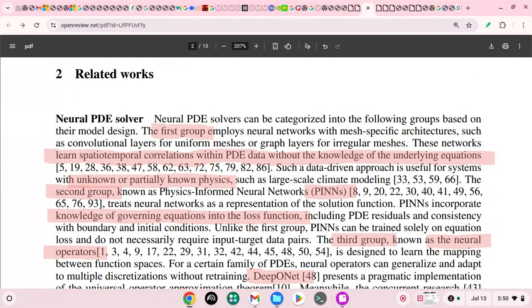Related work: neural-based PDE solvers, that is, surrogate models, are categorized into three groups. First is the purely data-driven model, where we have training data and try to build an input-output model using only a standardized neural network architecture. The second one is where we embed some physics inside the loss functions, which guide the training stage.